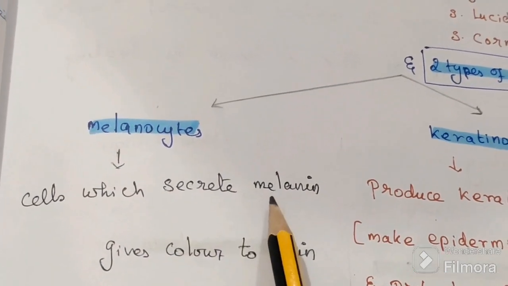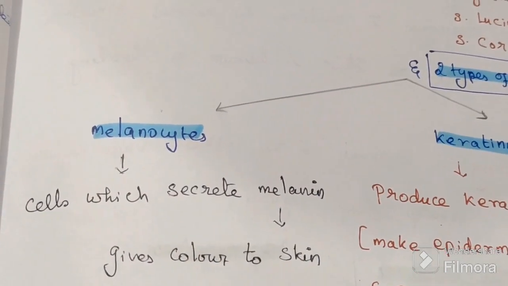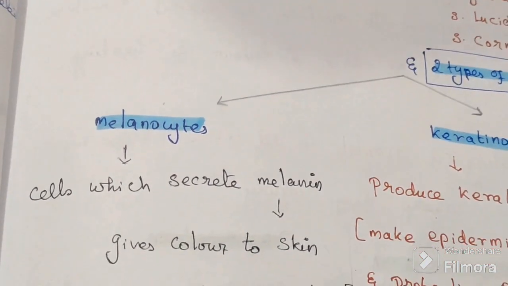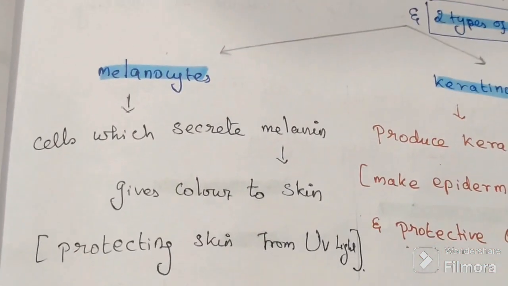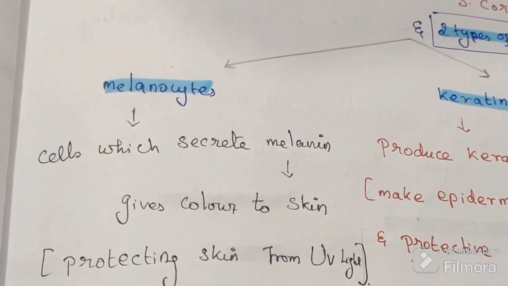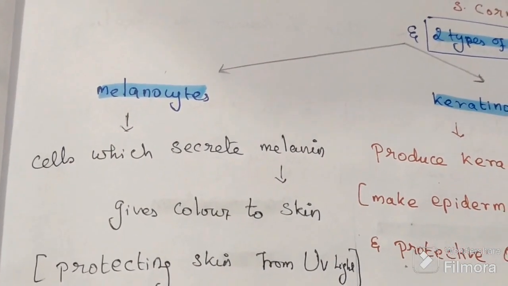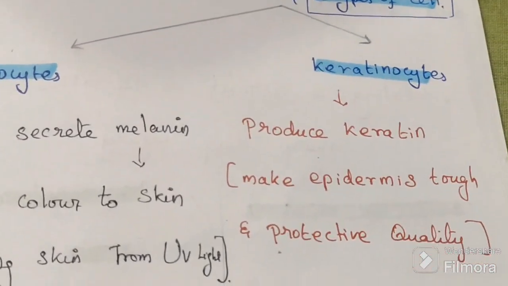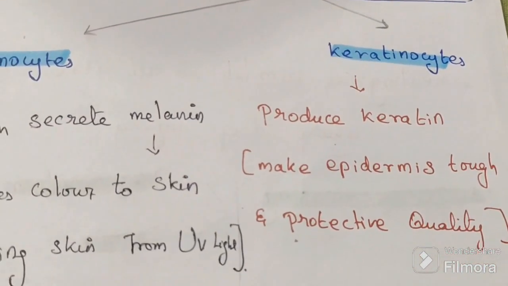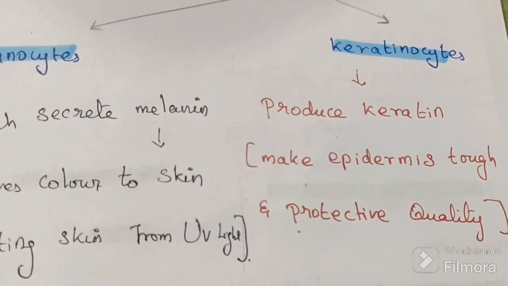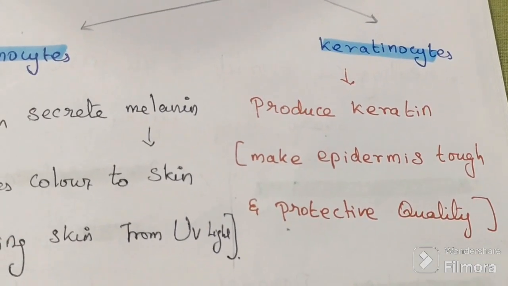So what is the role of melanin? It gives color to the skin and protects the skin from the effect of UV light. The second one is keratinocytes. Keratinocytes are cells which produce keratin.